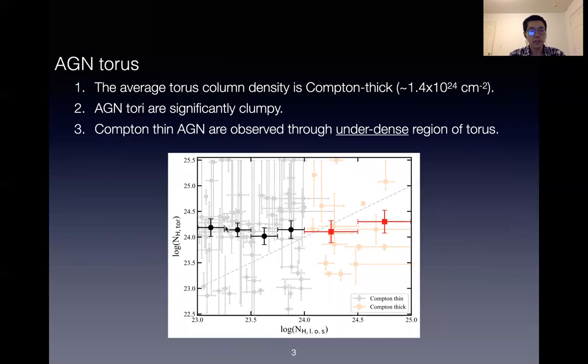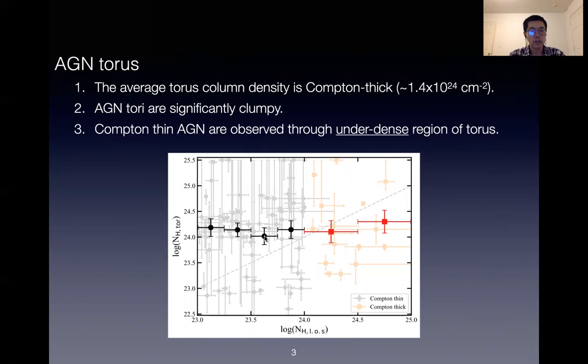Secondly, we find that the AGN torus is significantly clumpy. We plot in the figure a dashed line, labeling where the line-of-sight column density equals the torus column density. As you can see, most of the sources are far away from this dashed line, suggesting that their line-of-sight column density is significantly different from their torus column density.